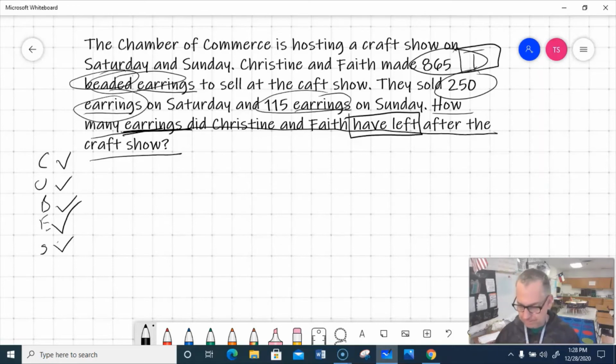So I'm going to lay this problem out right here. We have a total of 865 earrings. And then we're going to take away what they sold on Saturday and Sunday. So on Saturday they sold 250, plus the amount they sold on Sunday, which is 115.